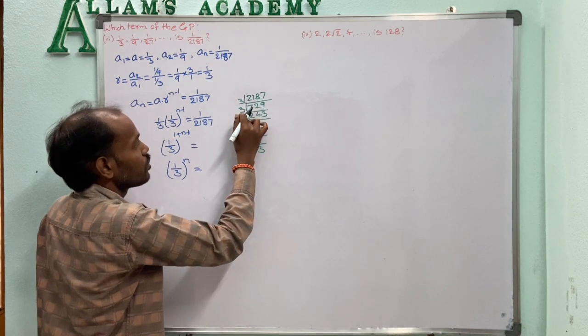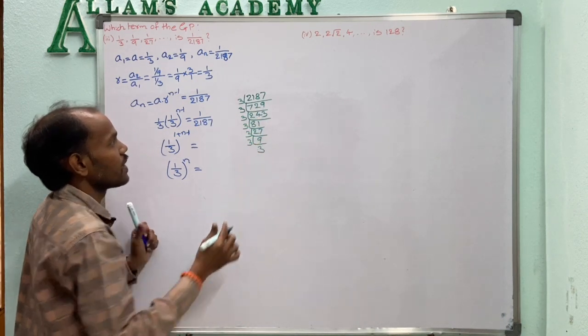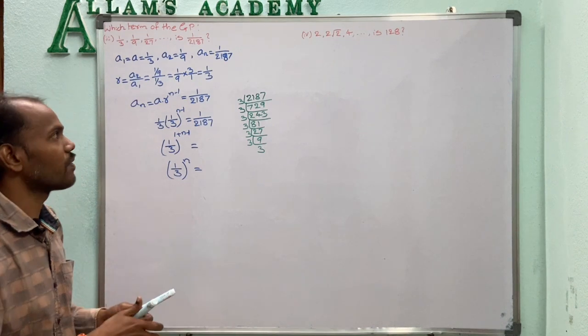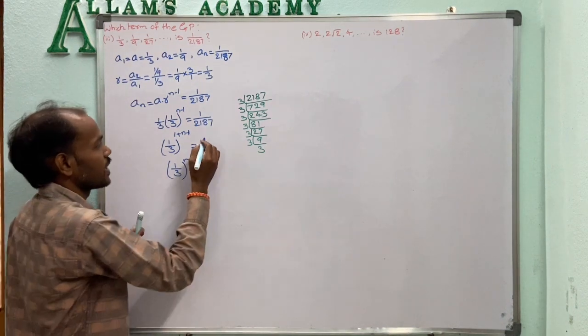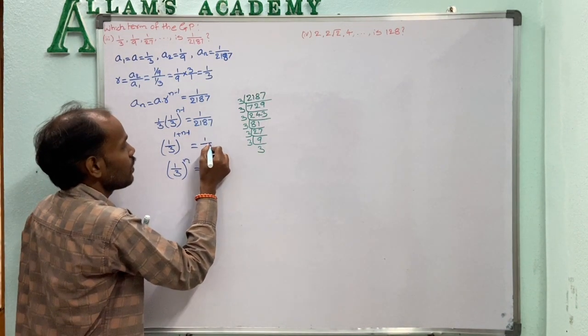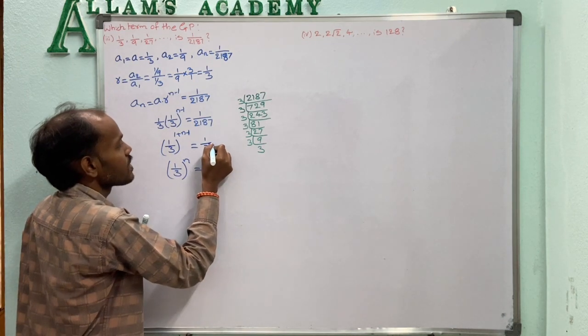That means 1 2 3 4 5 6 7, 7 times 3 multiplied we get 2187. That means we can write (1/3) power 7.